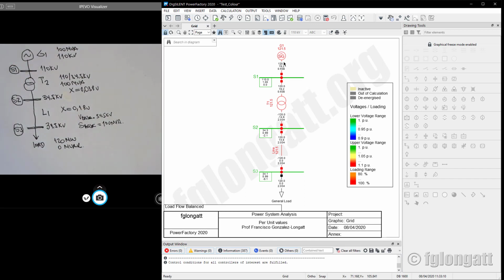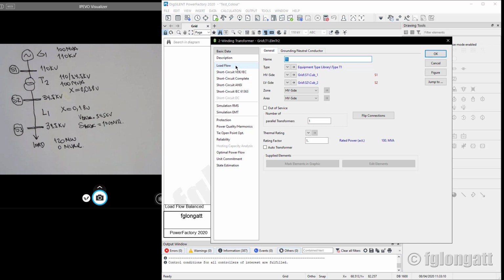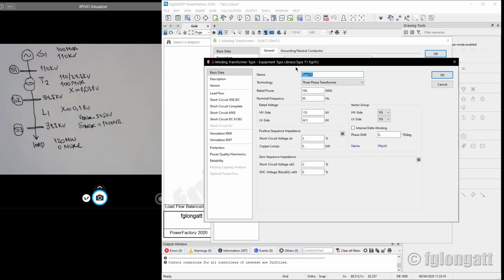Okay, now some people ask me, I don't want to see in red color the transformer. Can I increase the rated power on the transformer? Okay, you can do that, and the color will appear different. For instance, imagine that you say, right now I will use a 200 MVA transformer.